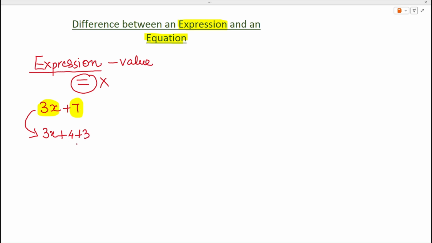This is also an expression, but 4 and 3 are like terms. They are both constants, so I can add them together. And 4 when added to 3 gives you a 7. So 3x plus 7 is a simplified form for the expression 3x plus 4 plus 3. So the expressions can be simplified.